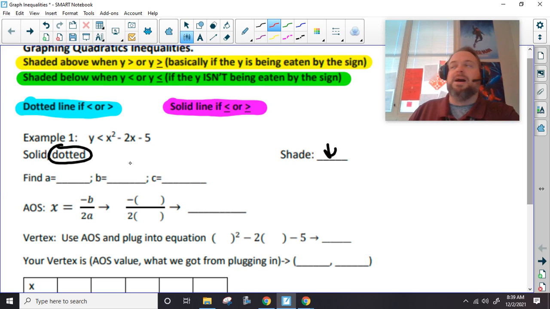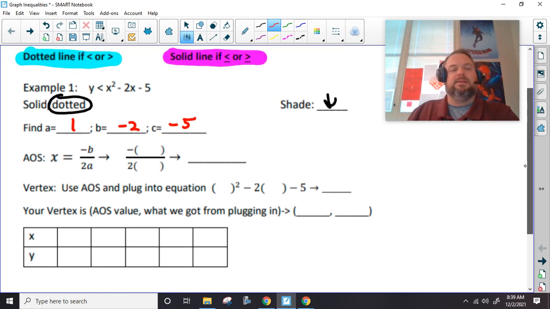All right, so what is our A for this problem? 1. What is our B? What is our C? All right. So now we have everything that we need. So we just plug it in.